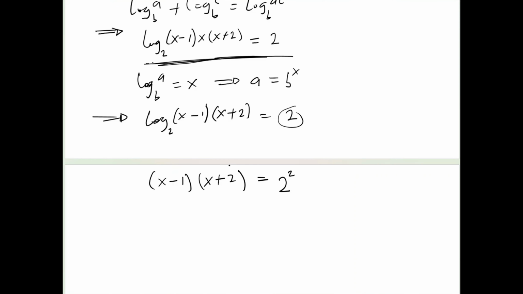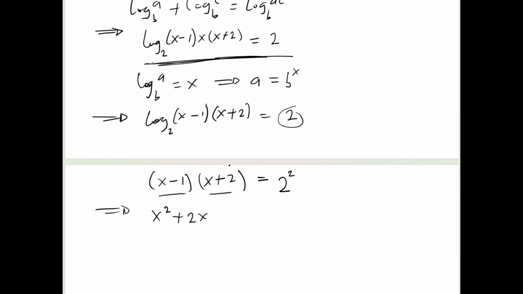Now what this means is that we are multiplying this together. If you multiply x by x, you have x squared. x multiplied by plus 2 will give you plus 2x.